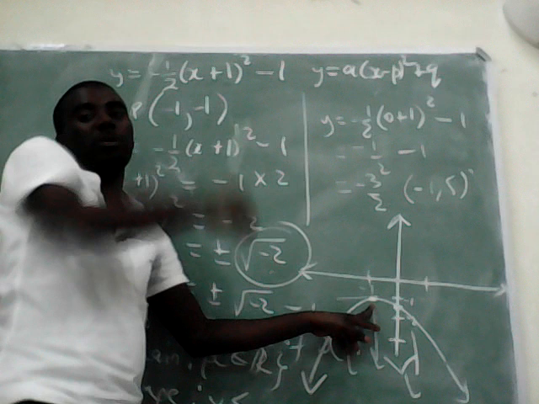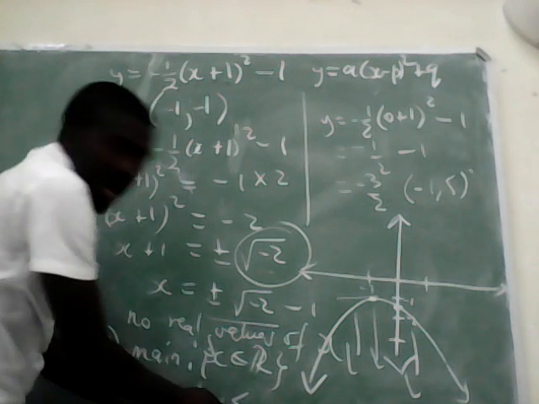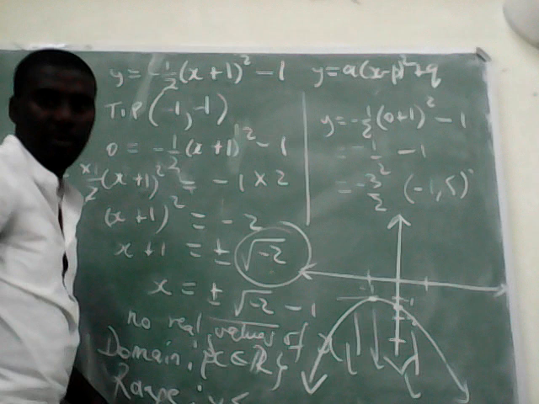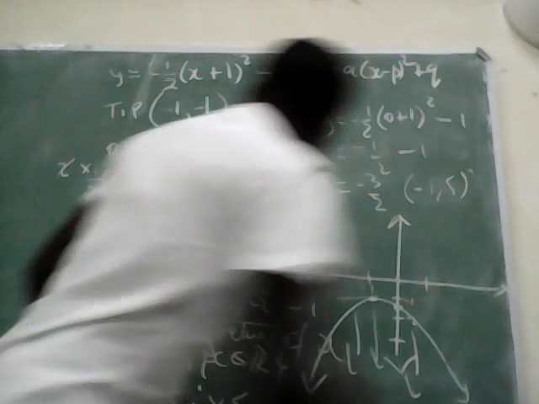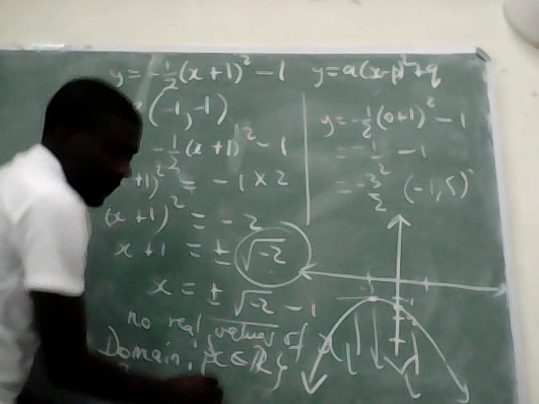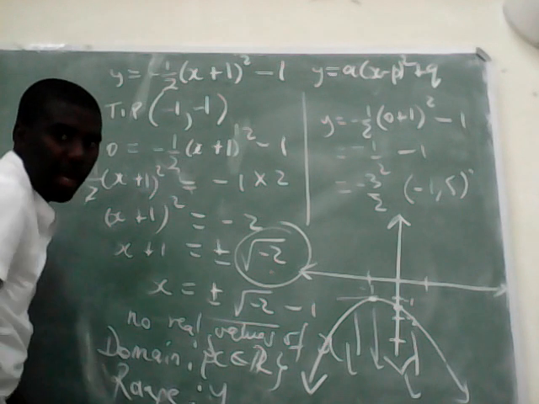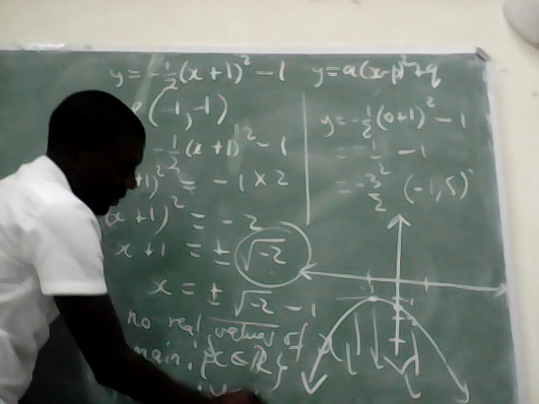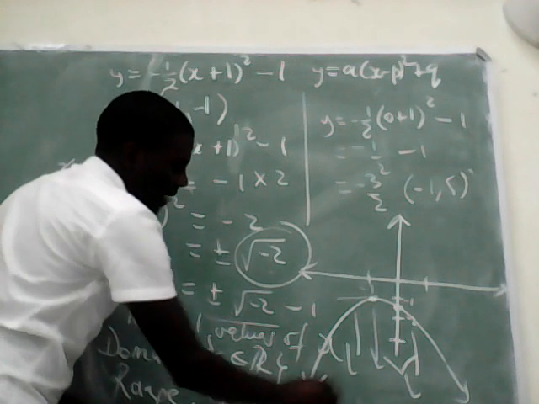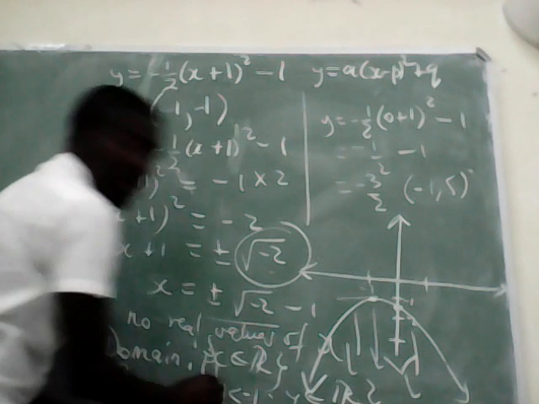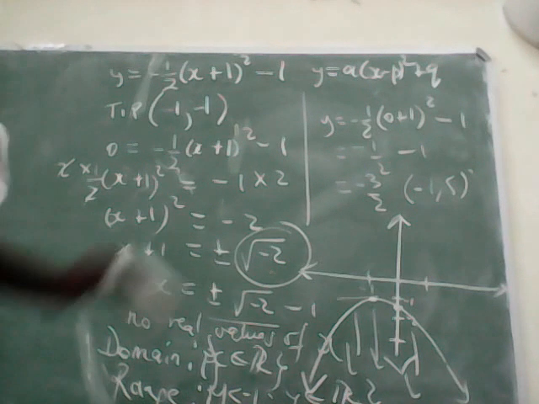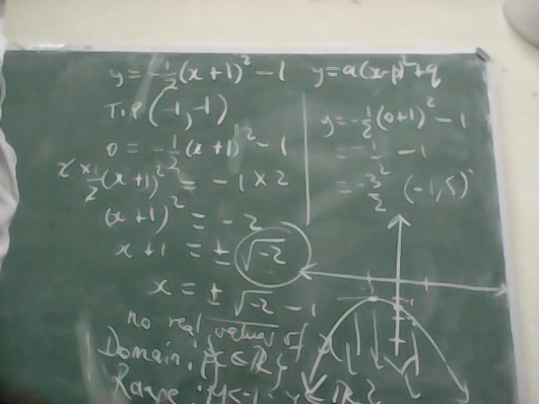I don't know whether you can see there. The range is y less than or equal to minus 1, whereby y is an element of real numbers. Okay, so that's all we can talk about.